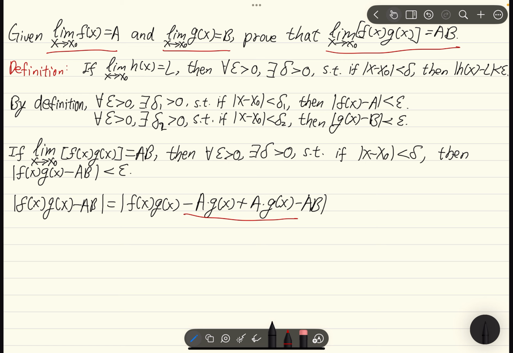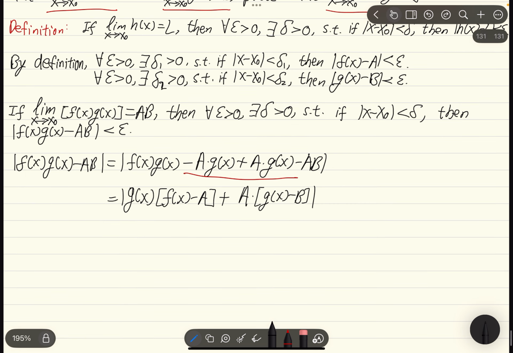And given that, we can then factorize this out. So we have the absolute value of g(x) times f(x) minus a, plus a times g(x) minus b, which perfectly also fits with this part, and we can use this also.